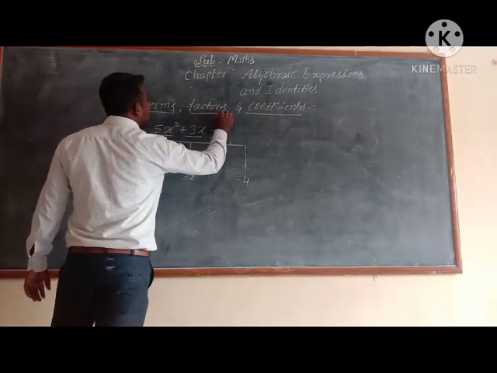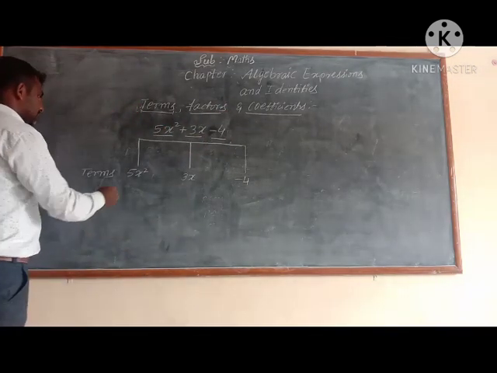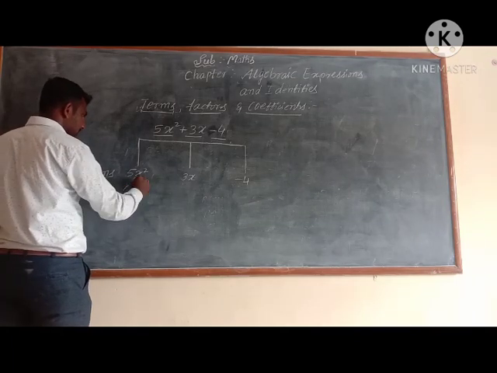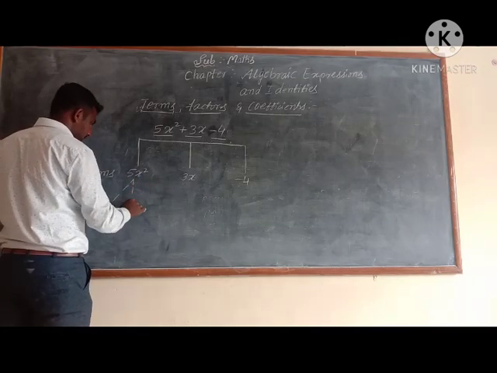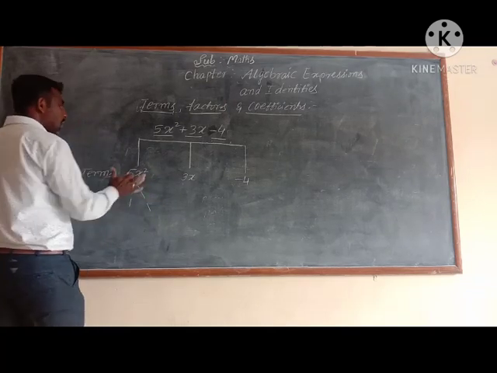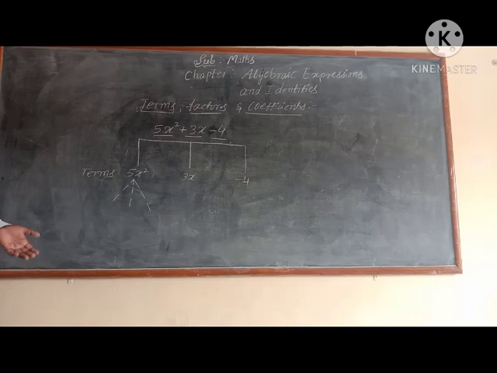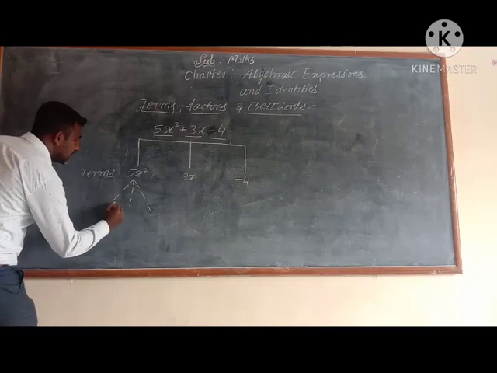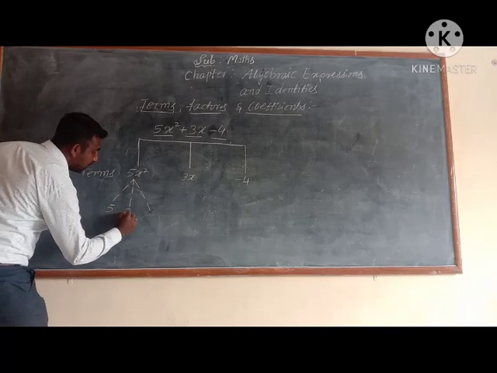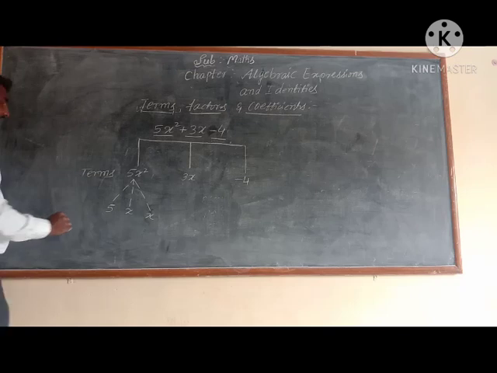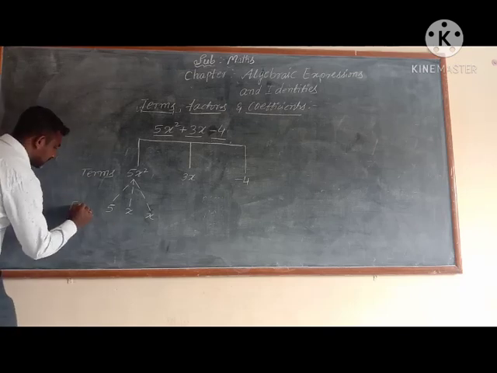Then what are factors? It means this term is obtained by which factors? 5x square is a product of 5 into x into x. Okay, these are the factors.